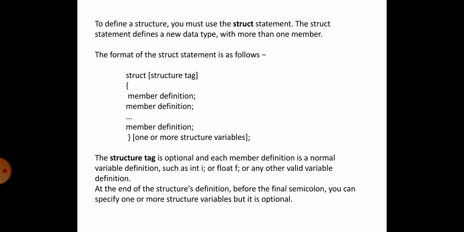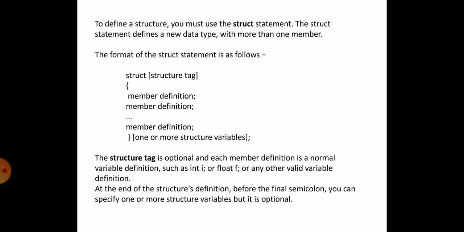Member definition means we must declare all the variables that we wish to group inside the structure. For example, if we specify a student structure, the student structure, as we said earlier, must contain the member definitions, char name, that we can specify as an array, and int roll number, int marks, etc. These all form the member definition inside the structure.